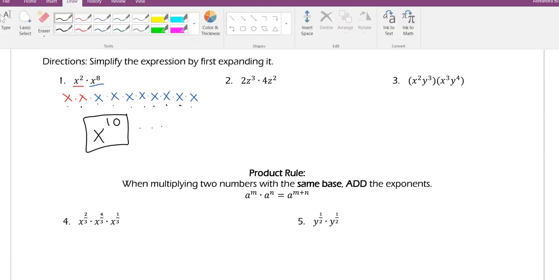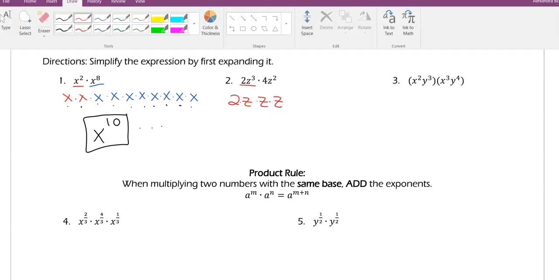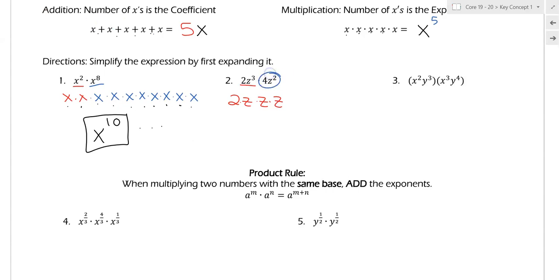Okay, 2z cubed. For 2z cubed, the 2 is not being cubed. The 2 is just the coefficient. So there is just 1, 2, but there should be 3, there's a multiplication there too, 3 z's. Same thing for this, right?